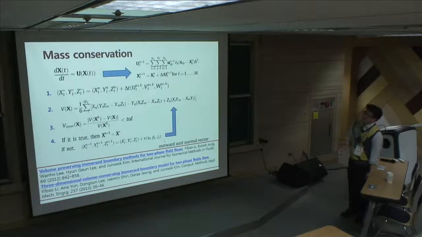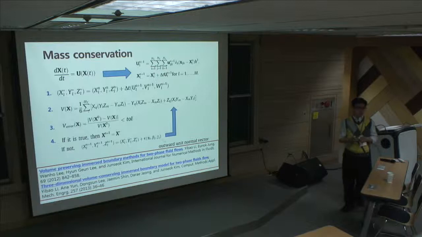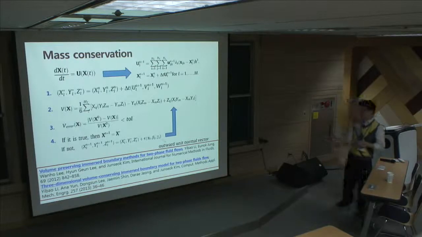First of all, the mass conservation in the immersed boundary. We exactly conserve the mass. We calculate the numerical mass, and then we correct the mass. About this mass correction in the immersed boundary method, we published 2 papers, in 2 dimensions and 3 dimensions, for 2-phase fluid flow.